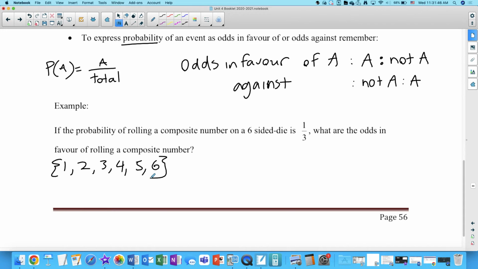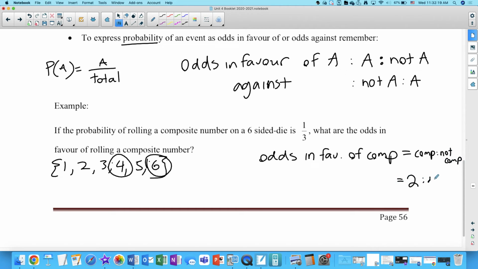Odds in favor of composite would be how many composite to not composite? So this is 2 to 4 or 1 to 2. Now, if you can't write out the sample space, you have to work right from the probability. In this case, because we know what the sample space is, we didn't even need to know the probability. We could just write out the sample space and figure it out ourselves.